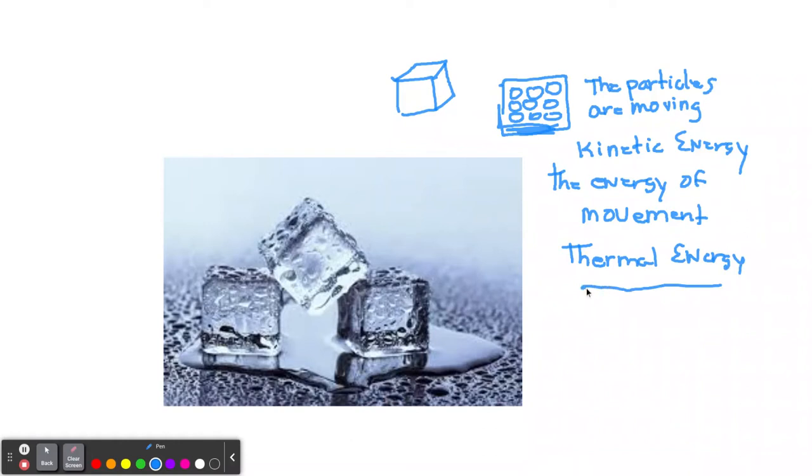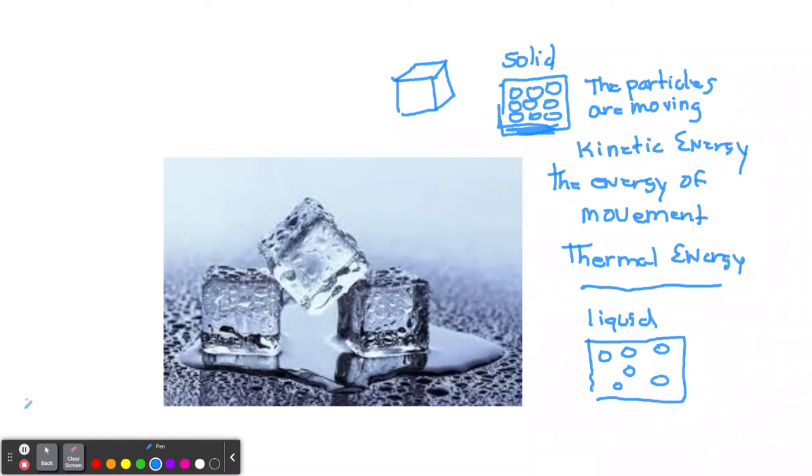Here it's in the solid state. But when we get to a liquid state, in our two-dimensional view, the particles are moving further apart. There's more energy involved. You need more energy to break those bonds.